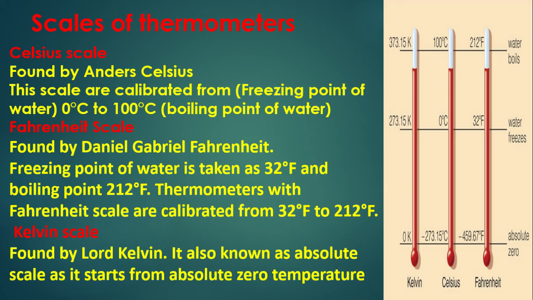Water freezes at 273.15 Kelvin or 0 degrees Celsius or 32 degrees Fahrenheit. Absolute zero temperature is 0 Kelvin or minus 273.15 degrees Celsius or minus 459.67 degrees Fahrenheit. First scale is Kelvin scale, second scale is Celsius scale, third scale is Fahrenheit scale.